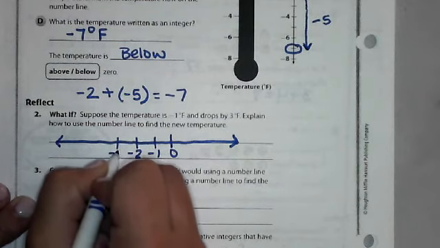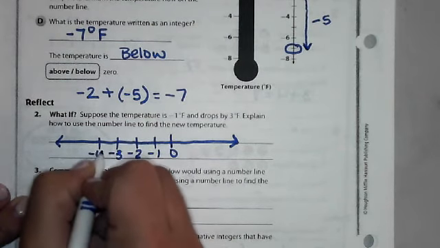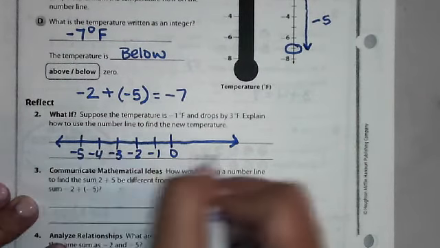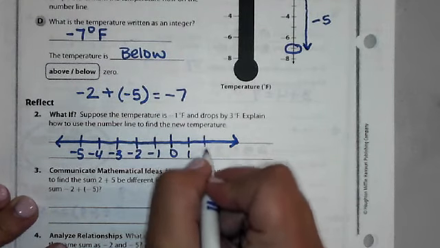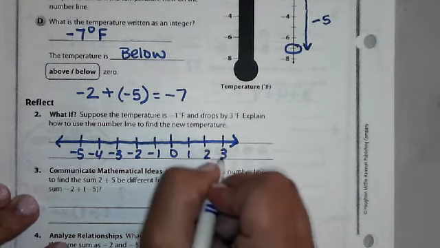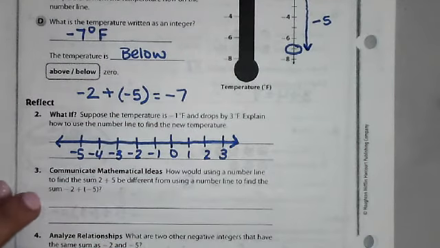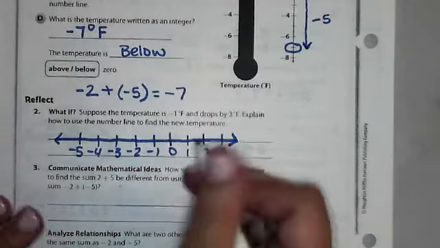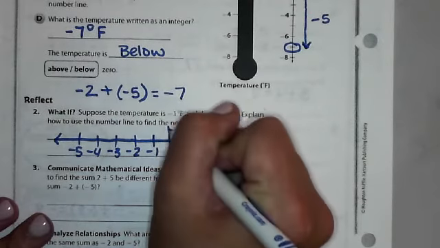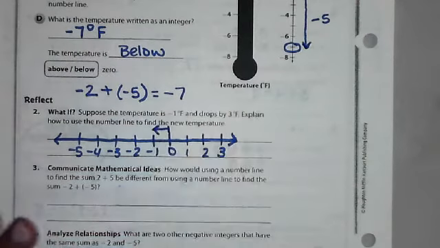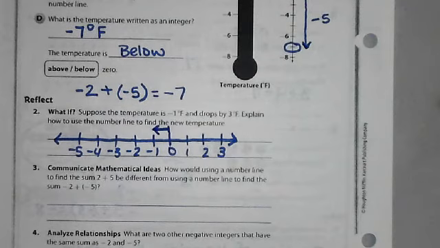If we're at 0 to start with, negatives, remember, are to the left, and our positives are to the right. So if the temperature is currently -1 degree, that's going to go from 0 to -1 to show your initial temperature. And then it drops by 3 degrees.